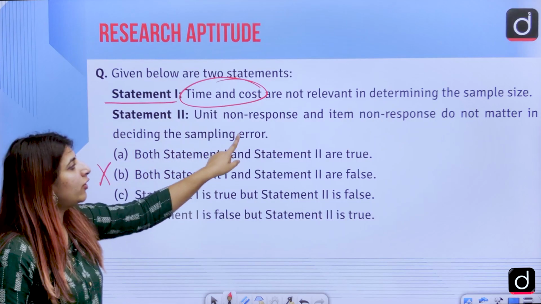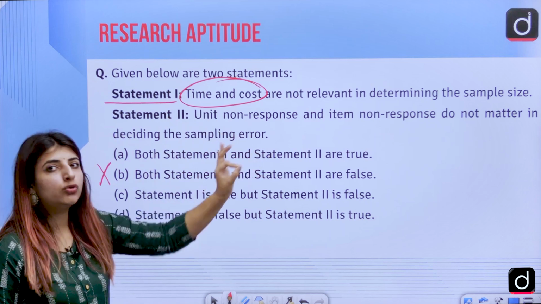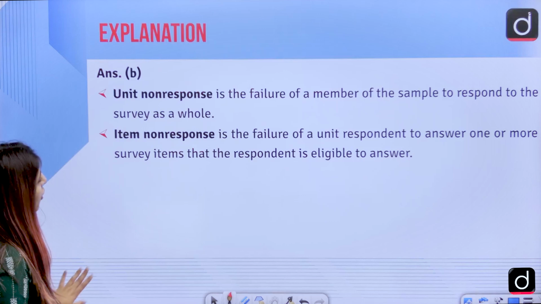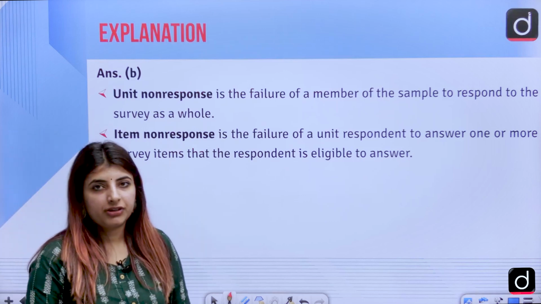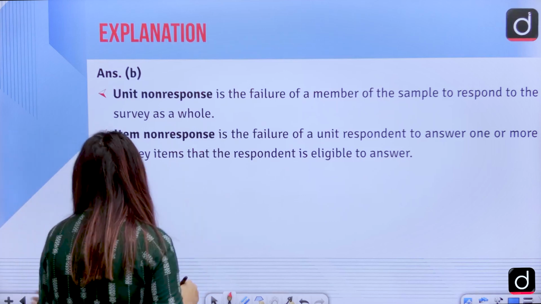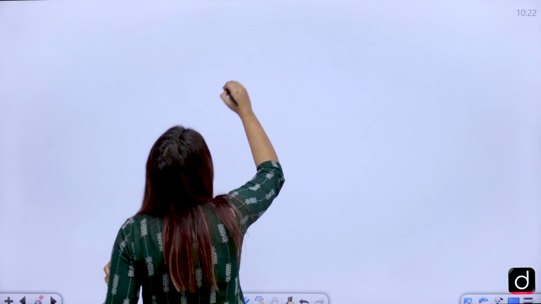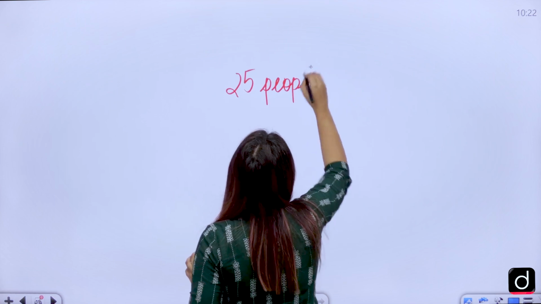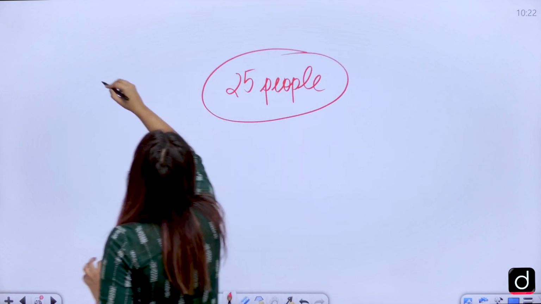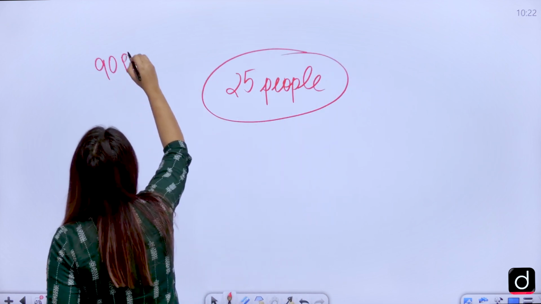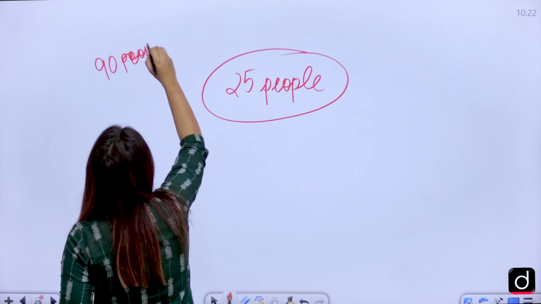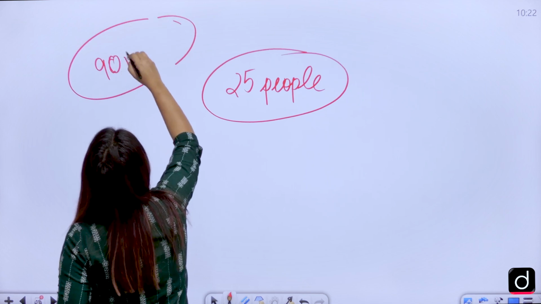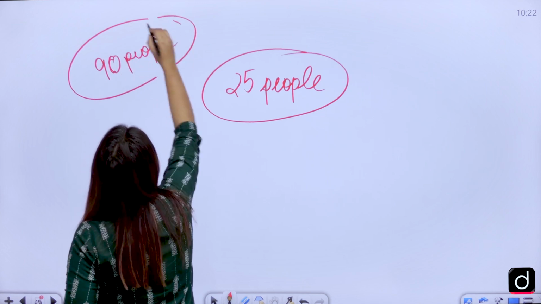Statement 2, unit non-response and item non-response do not matter in deciding the sampling error. First of all, what is non-response? Let's see here also with an example. Let's take an example of 25 people as my sample and my population was what? 90. 90 people is my population, right?